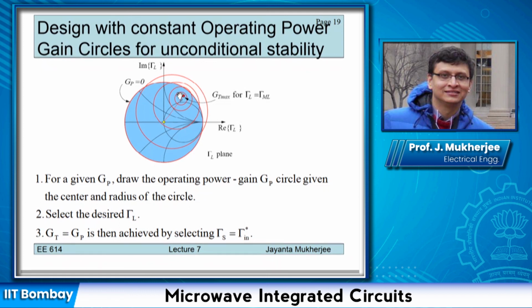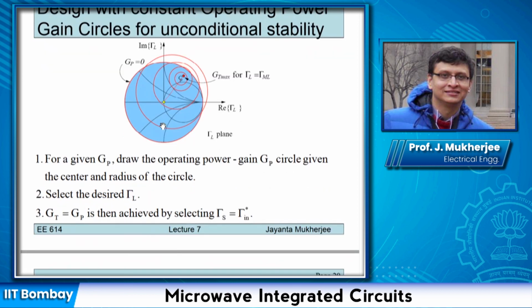So suppose you want a certain gain, say this line. This circle represents the constant gain circle for a certain gain. You choose the value of gamma L at any point.